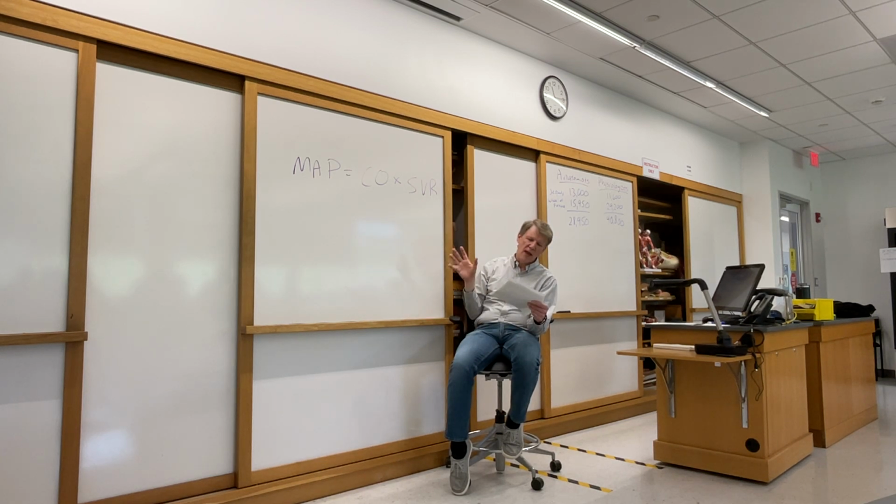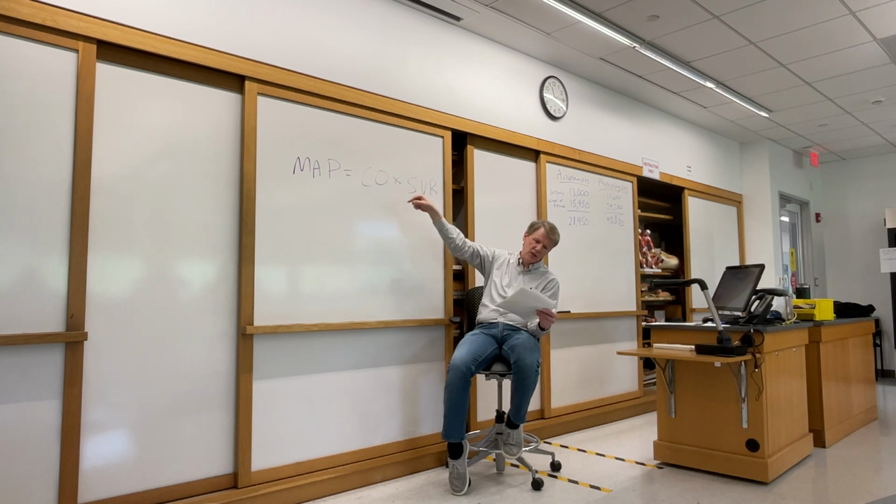That may help you to answer these questions, or maybe not. So if cardiac output goes up, pressure goes up. If cardiac output goes down, pressure goes down. If you increase the resistance throughout the body, that'll make the pressure go up. If you decrease the resistance throughout the body, that'll make the pressure go down. Some other little tidbits.